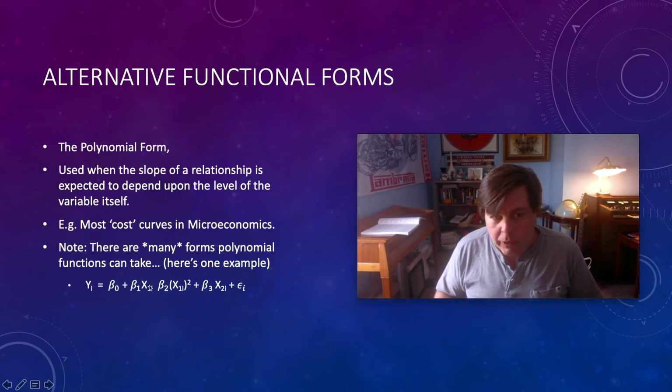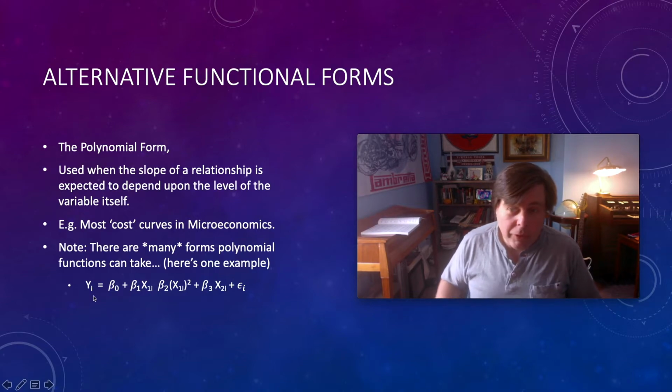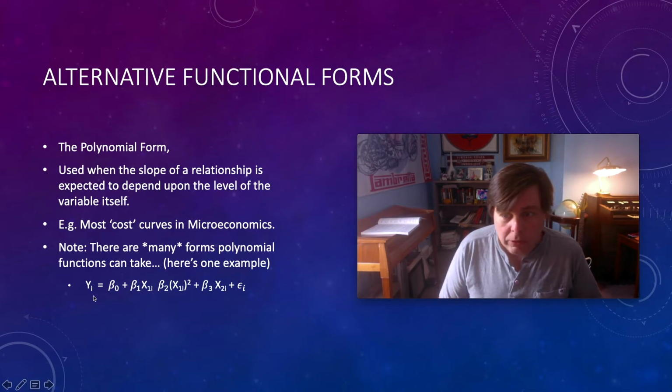Here we're regressing both the linear relationship of x1 to y as well as the squared relationship of x1 to y. Now there's a lot of reasons why we might do something like that.